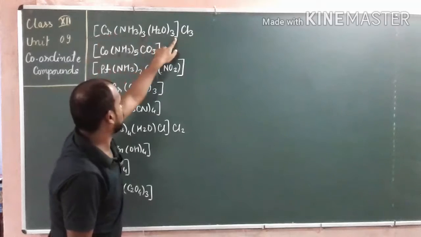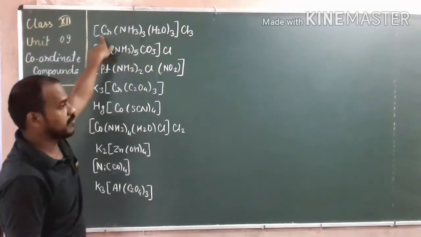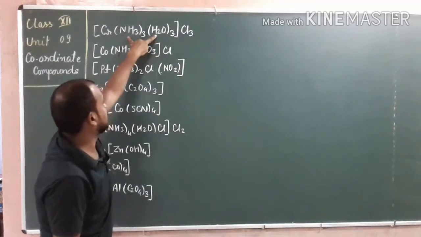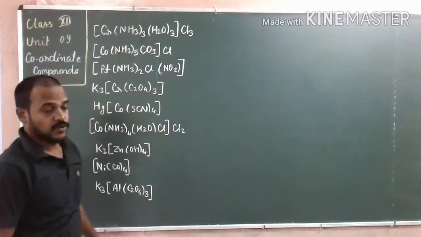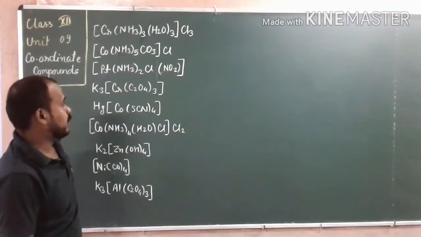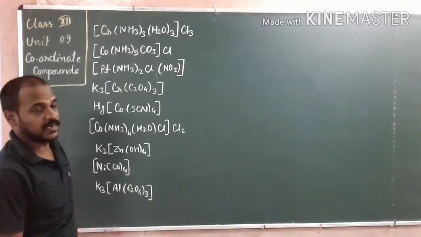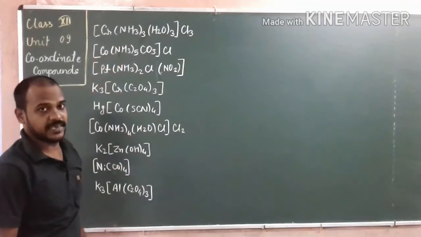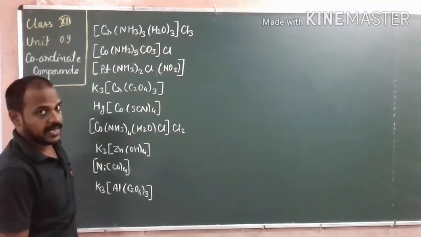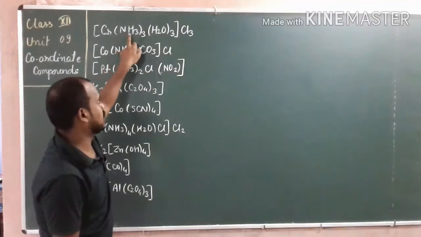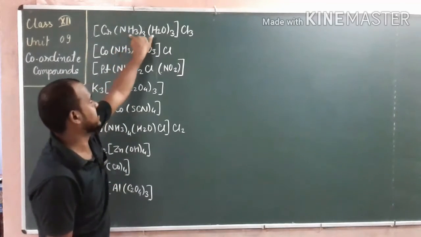So in the name of this coordination entity, first we will write the name of the ligands. Since here we have two types of ligands, aqua and amine, between aqua and amine, which will come first alphabetically? First is amine, A-M-M, and aqua, A-Q. So amine will come first. So first we will write this ammonia, this amine, and after that aqua.